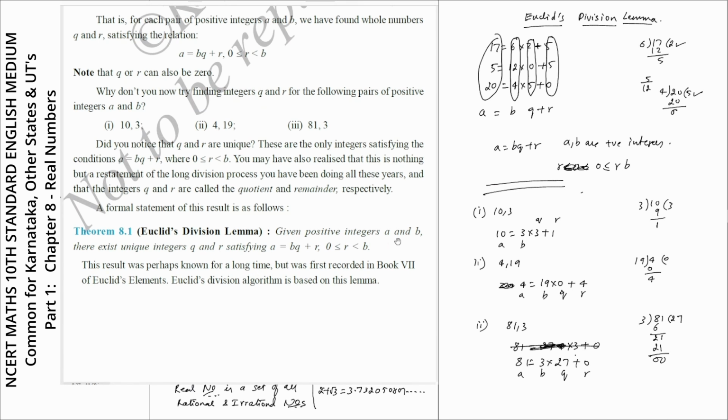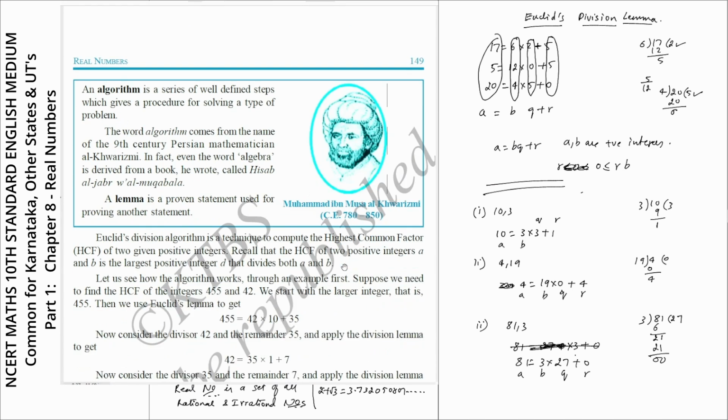Given positive integers A and B, there exist unique integers Q and R satisfying A is equal to BQ plus R, and R is between 0 and B. This one I have already written here. This is nothing but Euclid's division lemma. And Euclid's division lemma is used to find the HCF of two numbers.